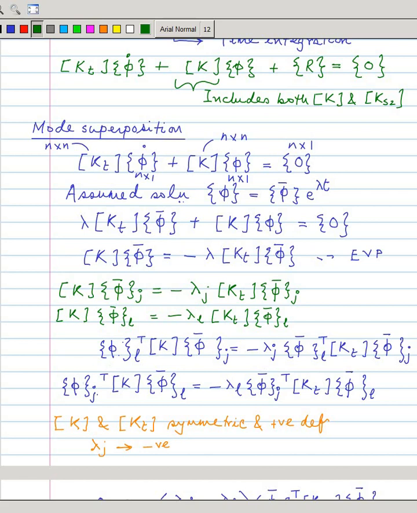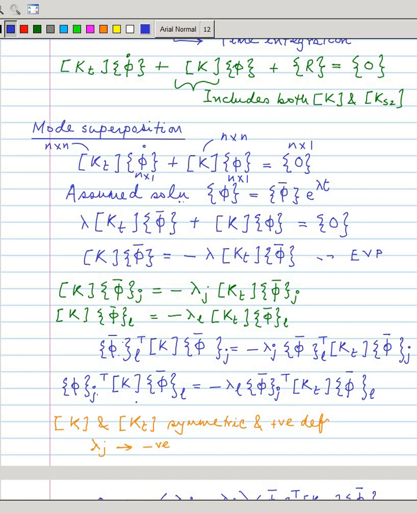And if you subtract, then your k is a symmetric matrix, so it does not matter whether you keep phi bar l at the beginning or phi bar j at the beginning. So these two terms are equal since k is symmetric.